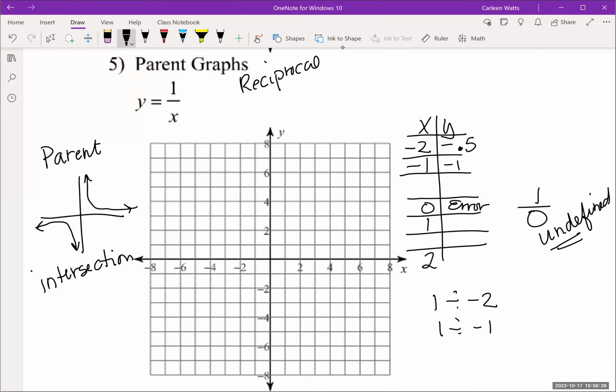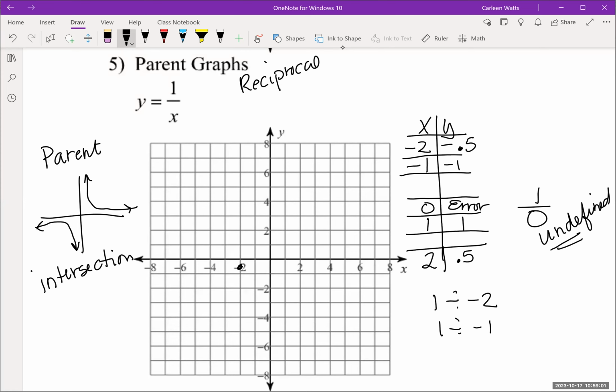Can you see that you can almost see the word under in the word undefined? Can you have a 0 under the fraction? This would be underfined. Yeah, with a little twang in my voice, it becomes underfined. Okay. 1 divided by 1 is 1. 1 divided by 2 is 1/2, right? 0.5. So let's graph. We have nothing at 0.